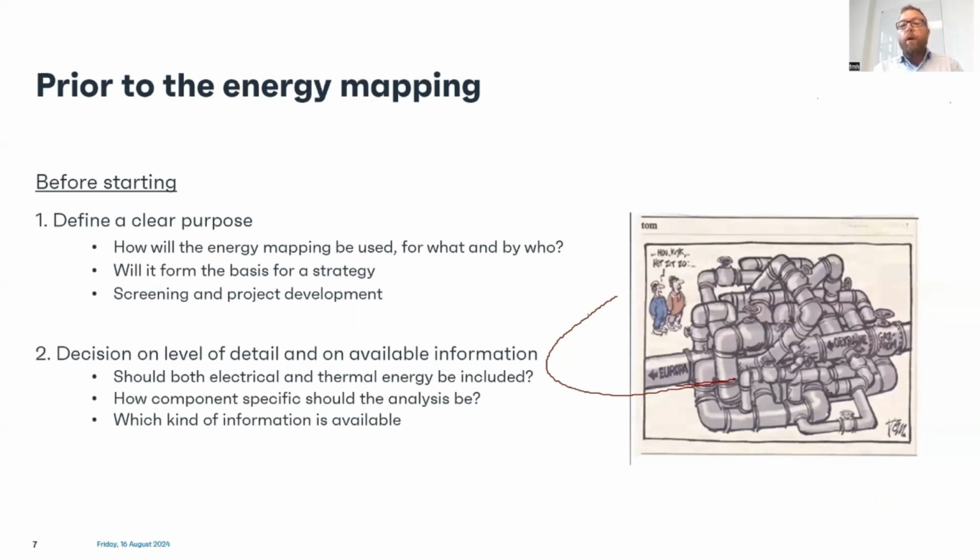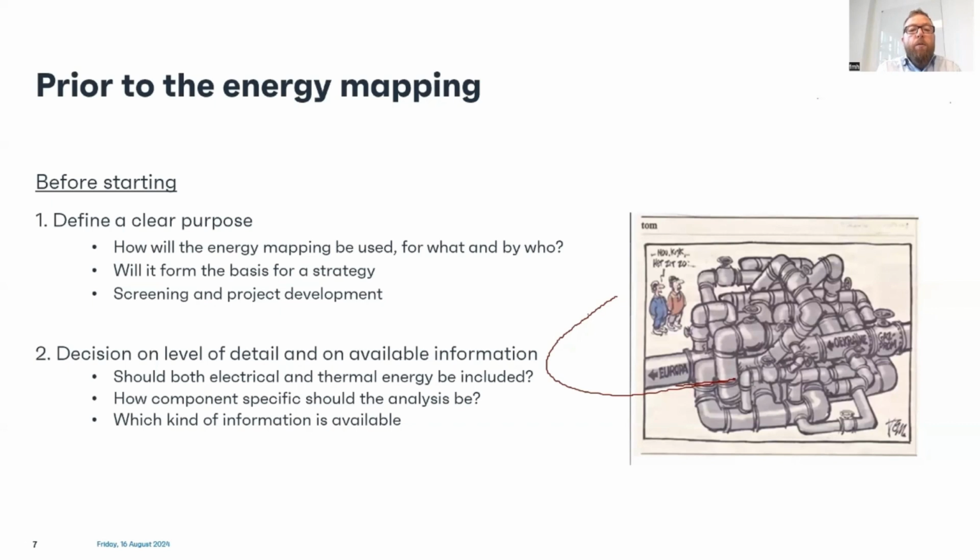Often when you are looking at such a process, you can pull up a lot of P&IDs, and when you walk around on the processes and the production lines, the process will look something like what we have in the picture, and it's very hard to determine what is actually for what.